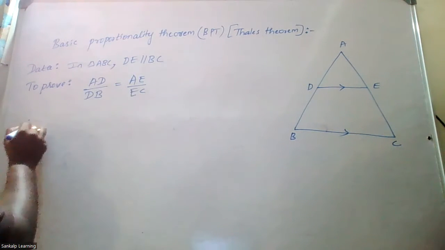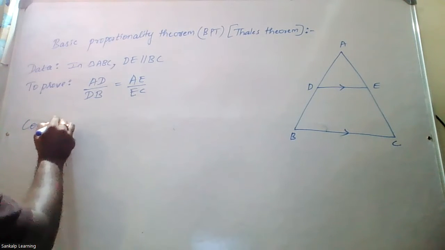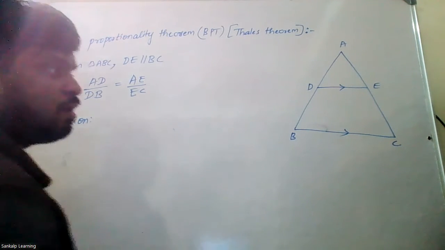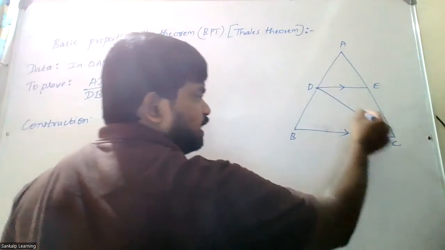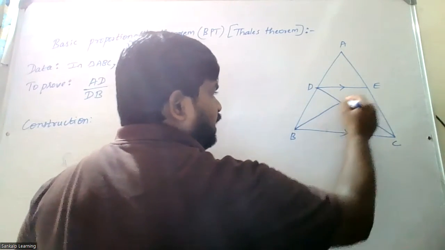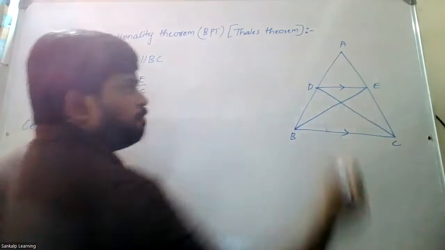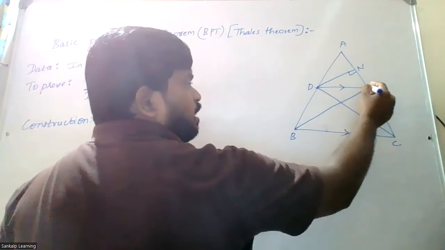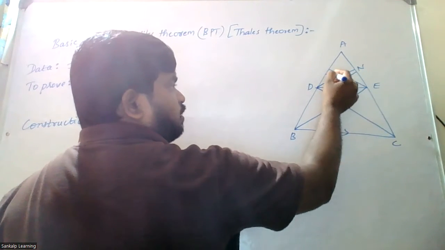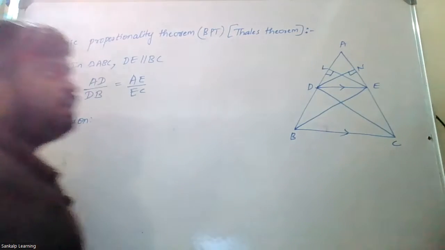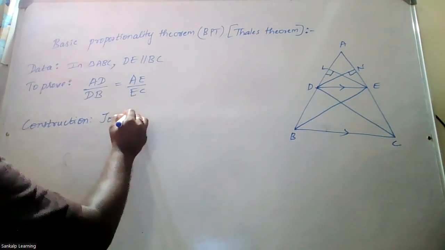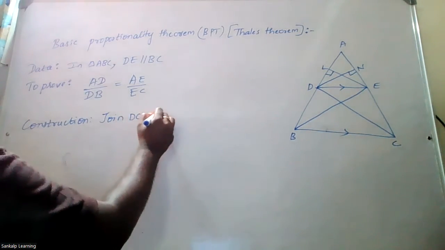Okay, let's make a few constructions. The constructions are, let me join D and C, B and E. From D, let's draw a perpendicular to AE. Let's name it as DN. And from E, let's draw a perpendicular EL. Okay. So the constructions are join DC and BE.